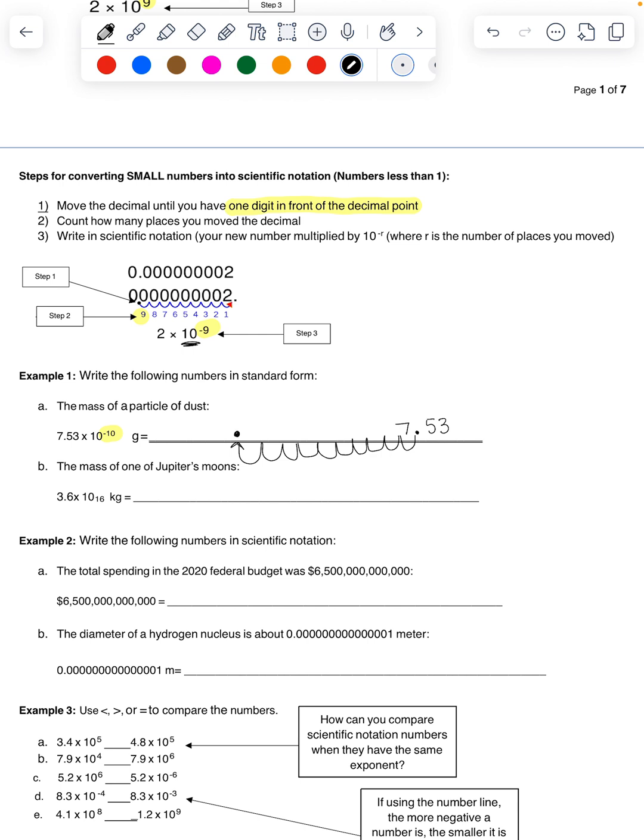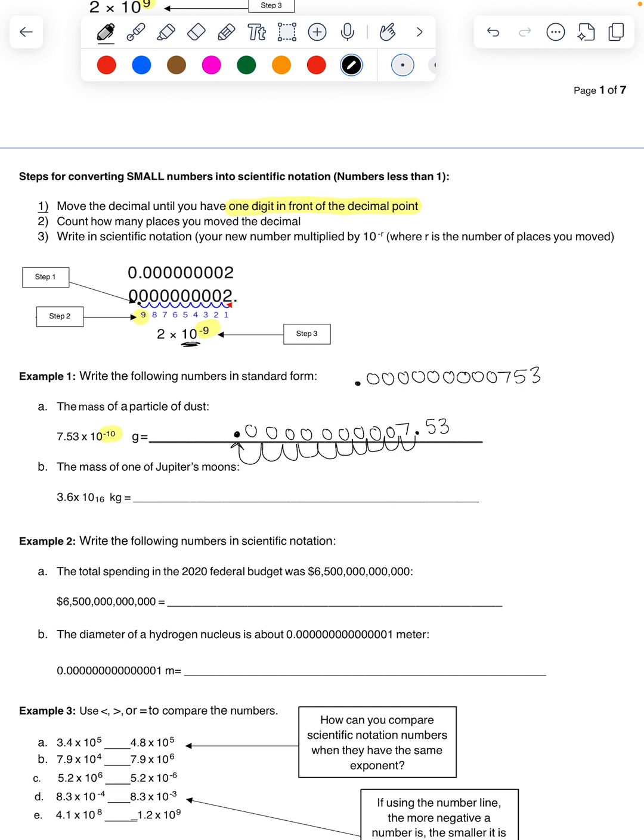And now, anywhere that I have that empty hump, I need to put a 0 in. So my final answer, 9 zeros, is 0.000000000753.